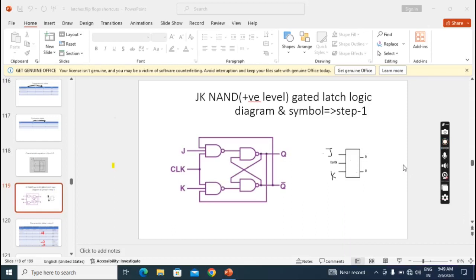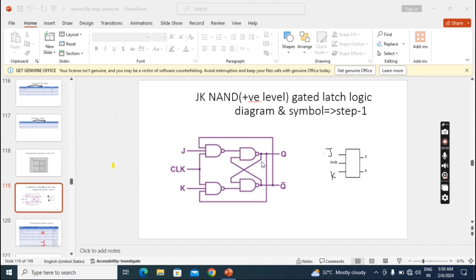In this lecture we'll see how the invalid state of the RS flip-flop is overcome by the JK flip-flop. Suppose this is the diagram of a JK flip-flop with a NAND latch part. If we remove the feedback from the latch output to the gated part input, this diagram will be the same as an SR flip-flop.